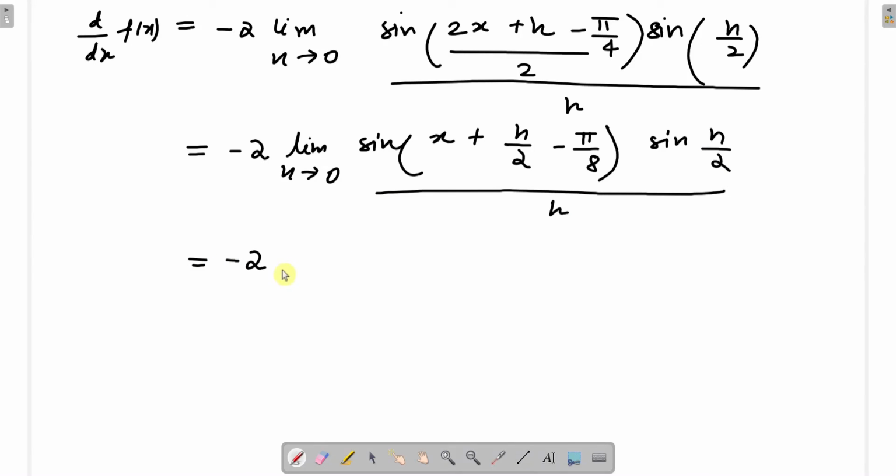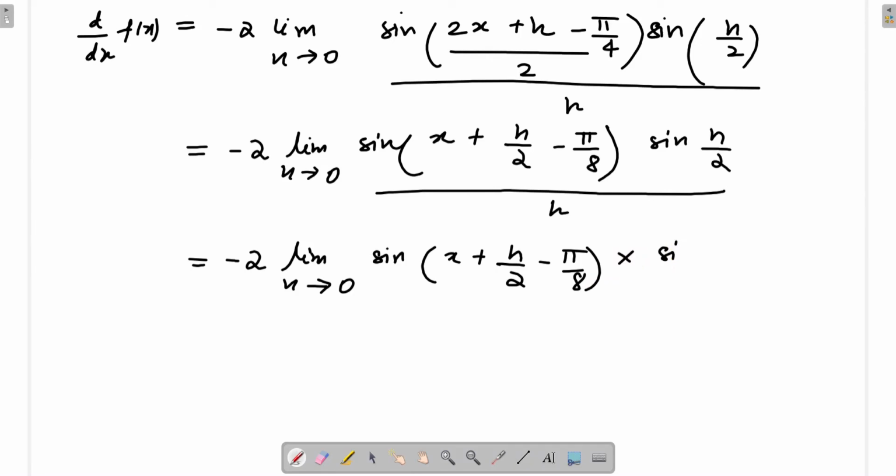So minus 2. Let us write the function under the limit properly. So limit of sine of (x plus h by 2 minus pi by 8), this is as it is, and then multiplied by sine of h by 2 divided by h. So this h we are taking under this. This will be equal to minus 2. Now we can split the limit for both the functions.